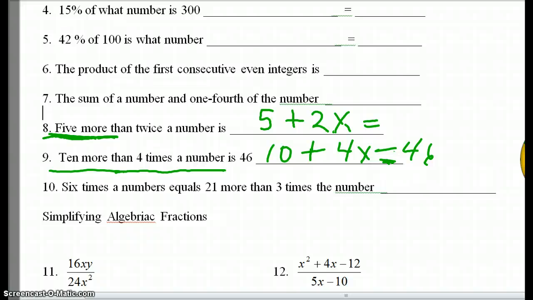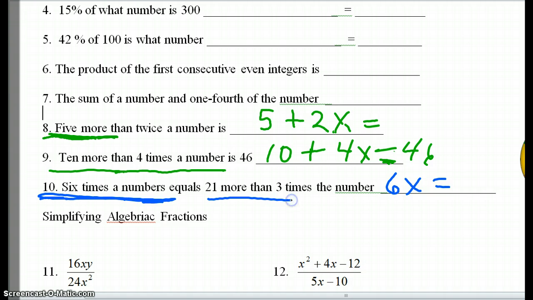Finally, number 10, I've just practiced 6 times a number. So 6 times the number, what is the number? Usually put in x, equals 21 more than 3 times the number. And then we need to solve for x.